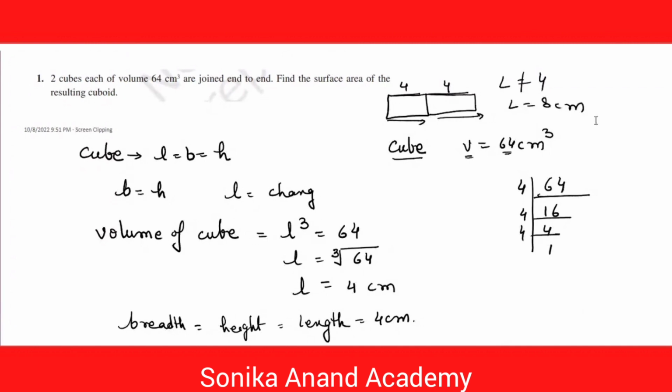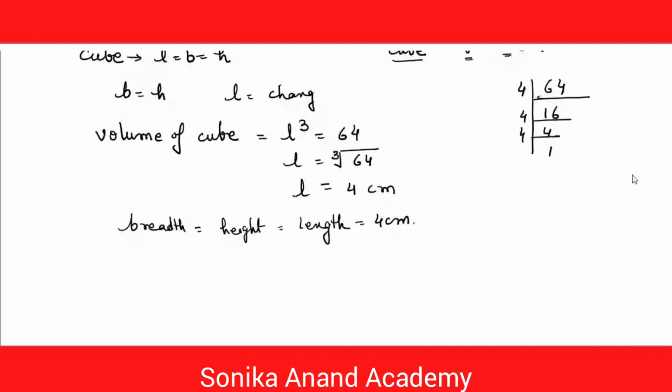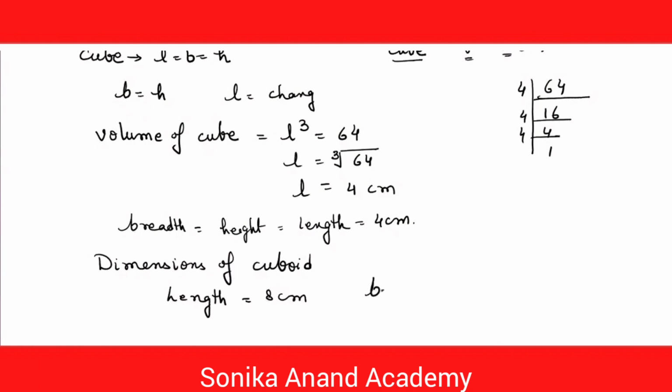So in this way, when it results into a cuboid, the dimensions of the cuboid: length changes, always remember that, and it becomes 8 centimeter. Breadth becomes 4 centimeter, and height is also equal to 4 centimeter.